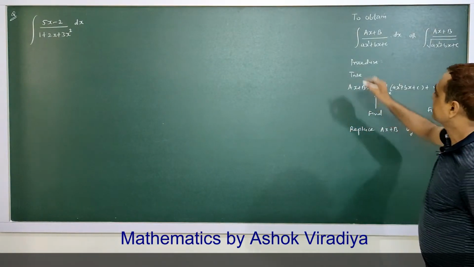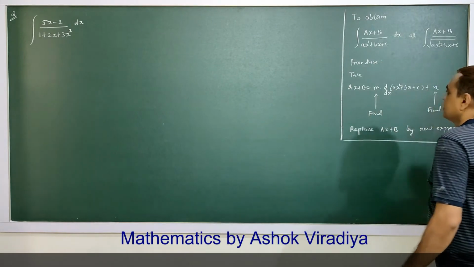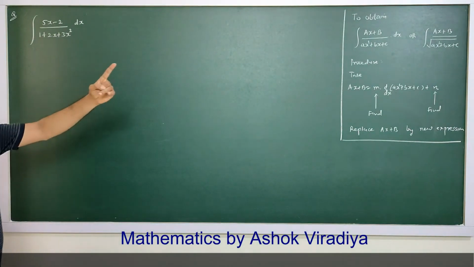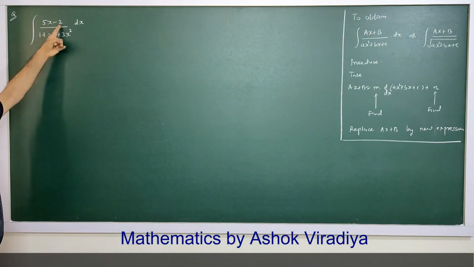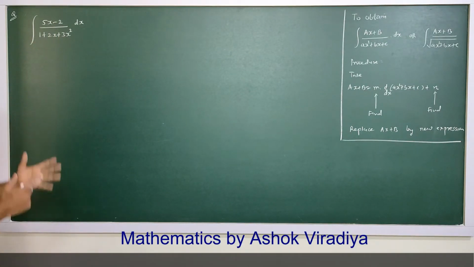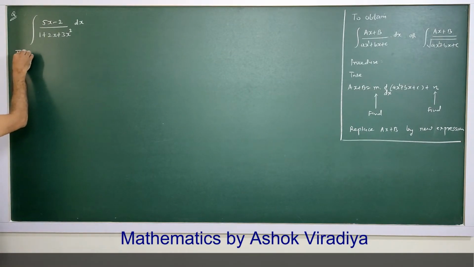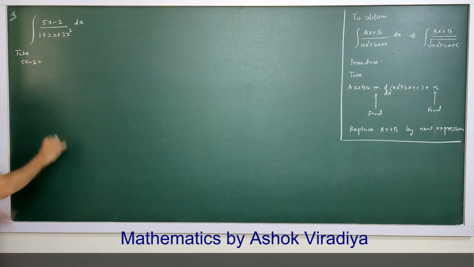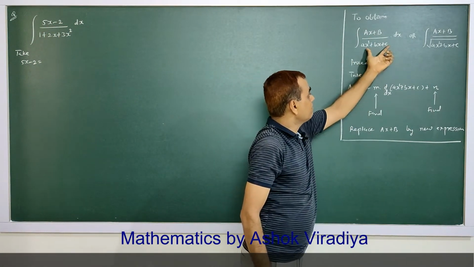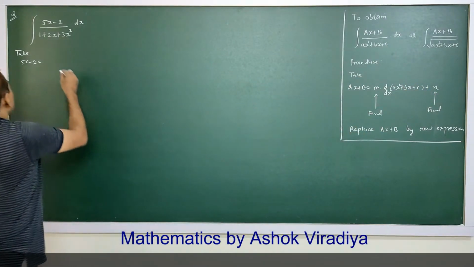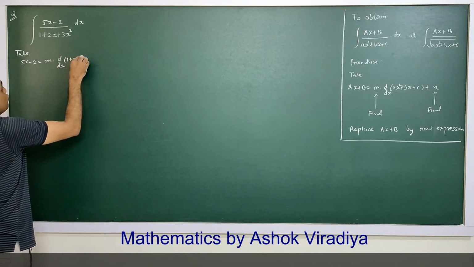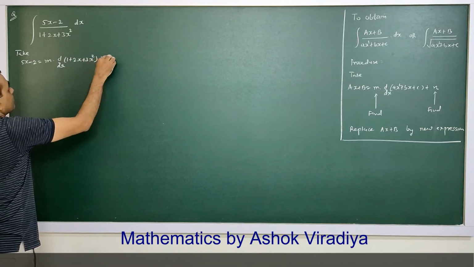Let us understand in this example. Here its pattern is ax plus b upon ax square plus bx plus c. So the starting is, take 5x minus 2, take ax plus b equal to m into d by dx of 1 plus 2x plus 3x square plus n.